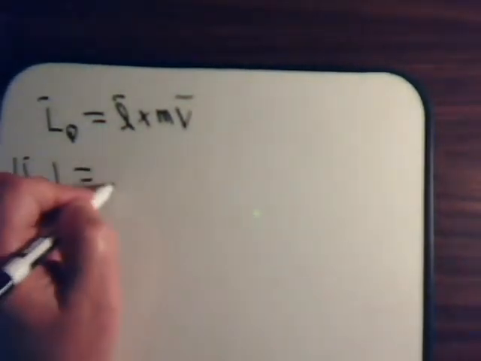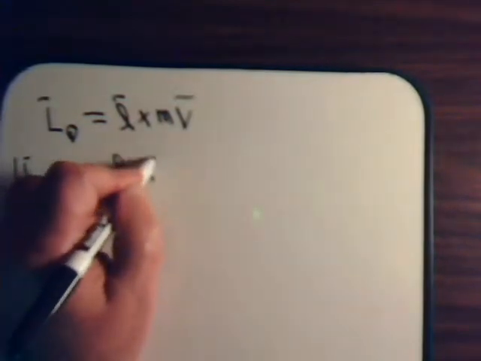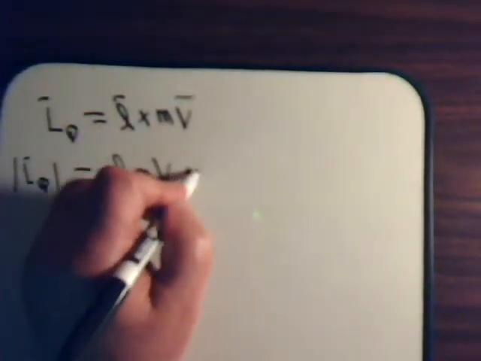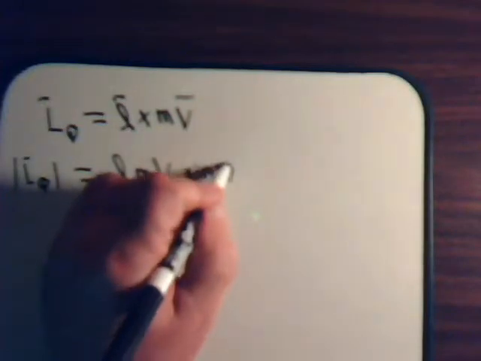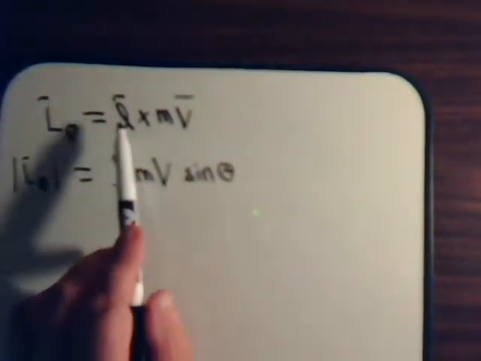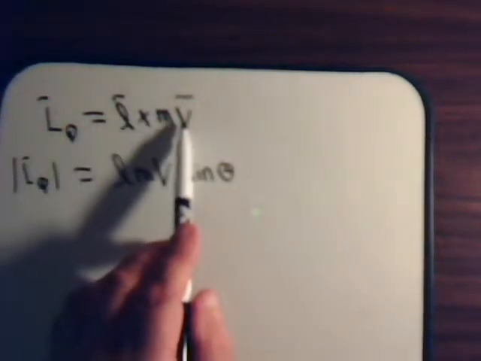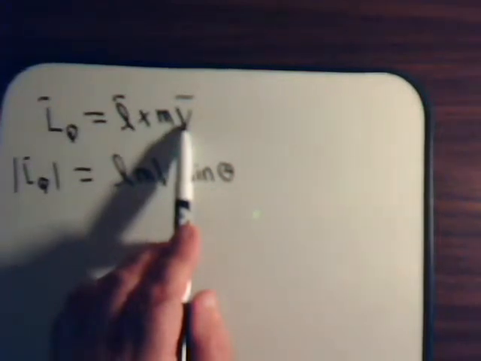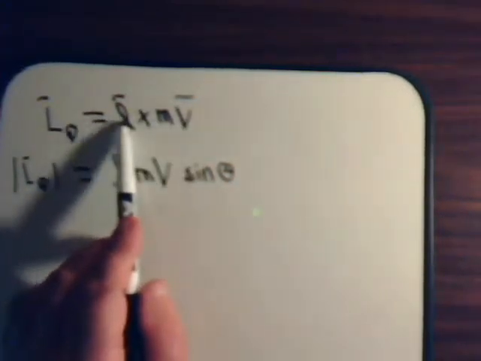So its magnitude will be the magnitude of the length of the string, that's just L, times mv, times the sine of the angle theta between the string and the tangential velocity v. That angle is 90 degrees, and to understand why, we have to consider a different diagram.